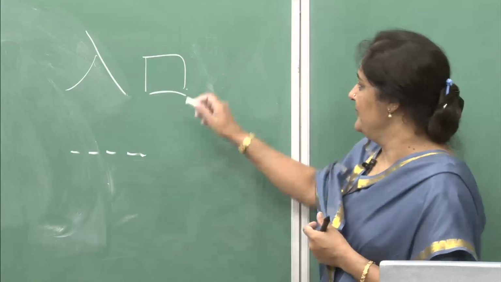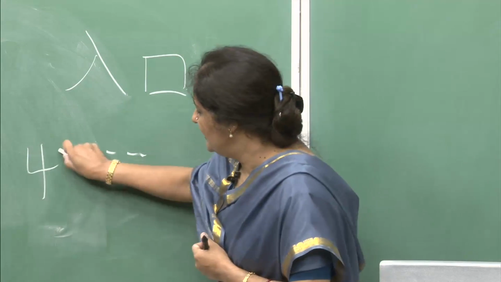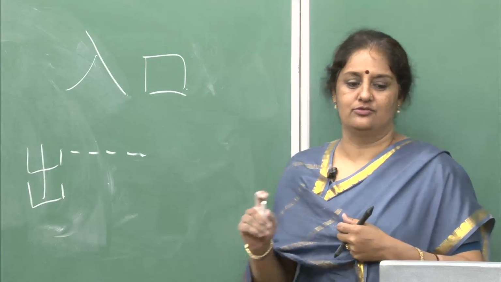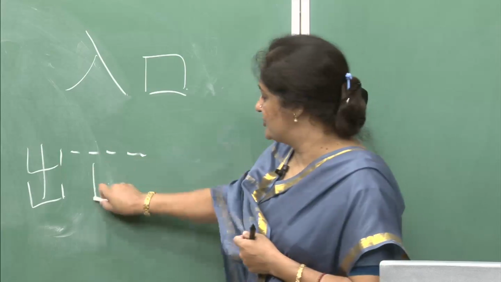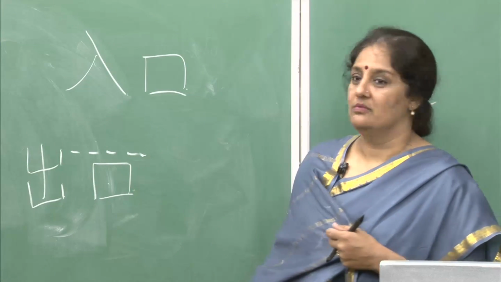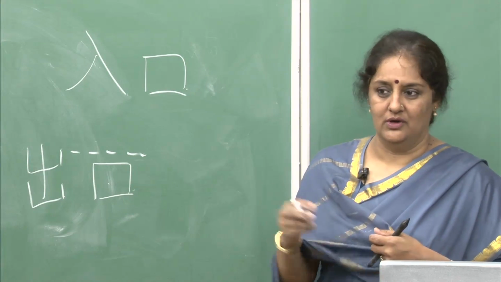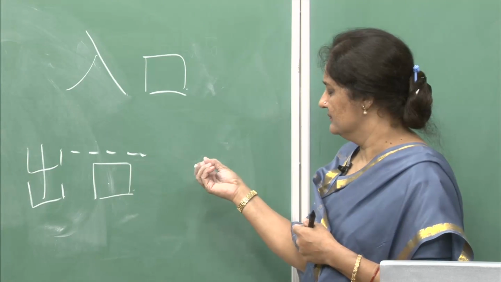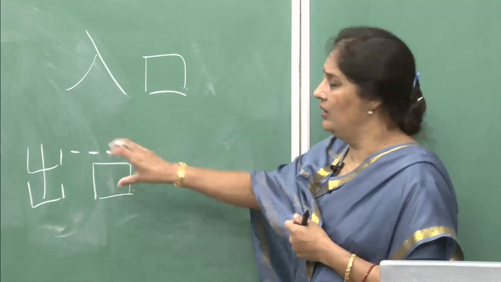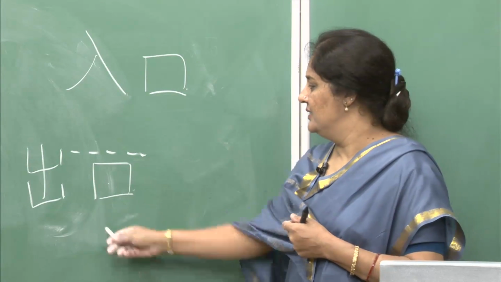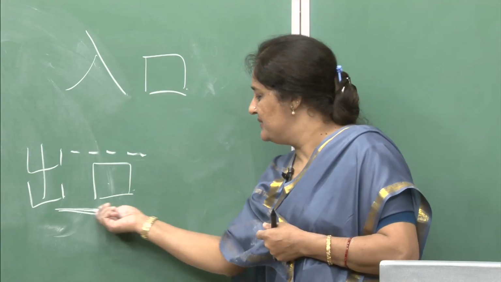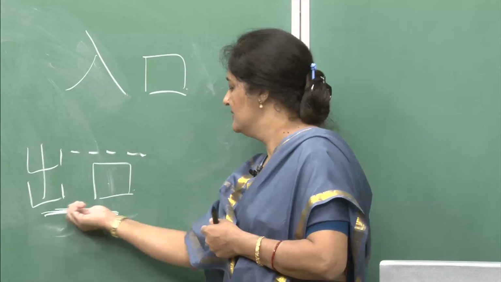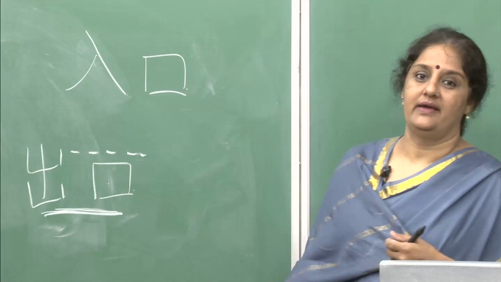And in a similar way, if you know the meaning of this character, which is demas, to go out, and of course, we know the meaning of this one, which is mouth or entrance or a hole or a cave, then you know that this means it is exit.